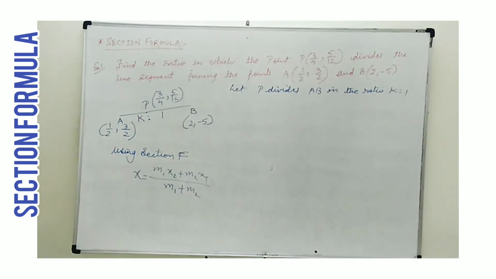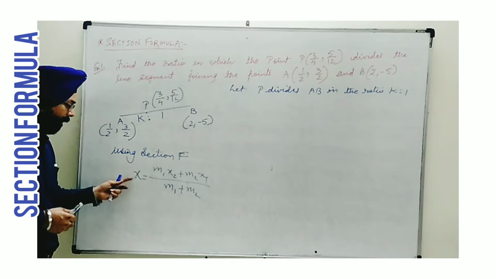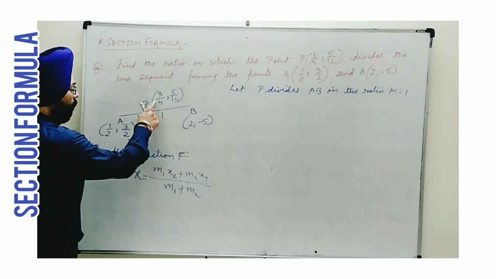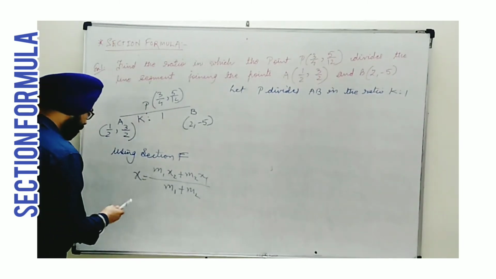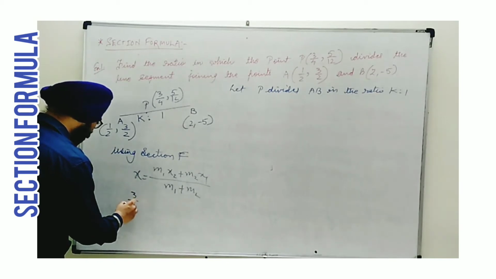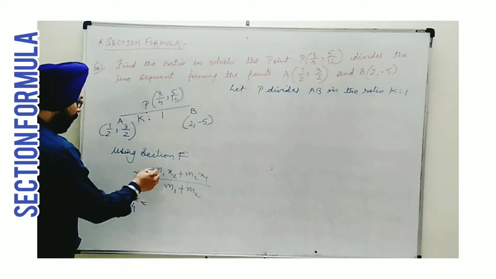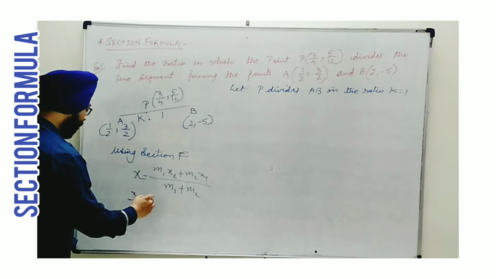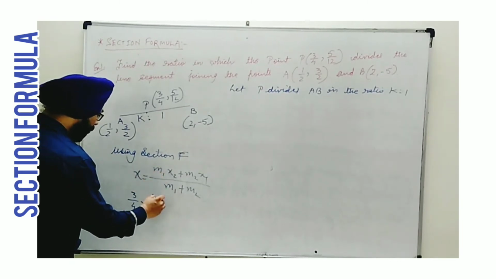You can see here we have to put the values. Now, as I said, this is the abscissa of P. So the abscissa of P is 3 upon 4. Replace it: 3 upon 4 is equal to m1 is to m2, already taken as K and 1. So m1 means K.